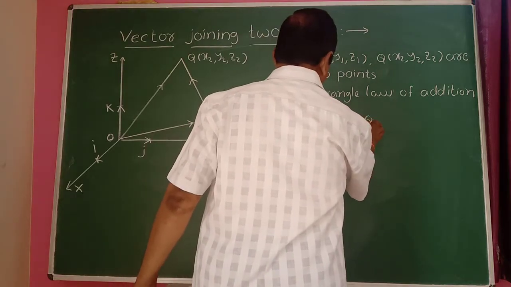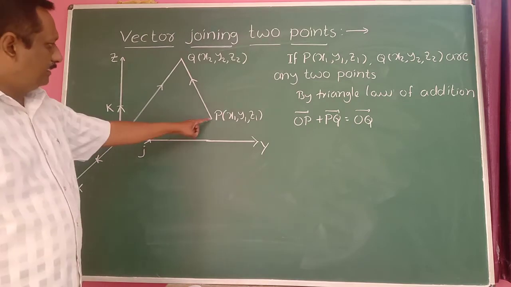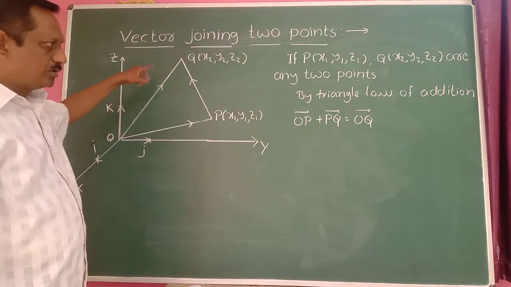According to the triangle law of addition, OP plus PQ is equal to OQ.